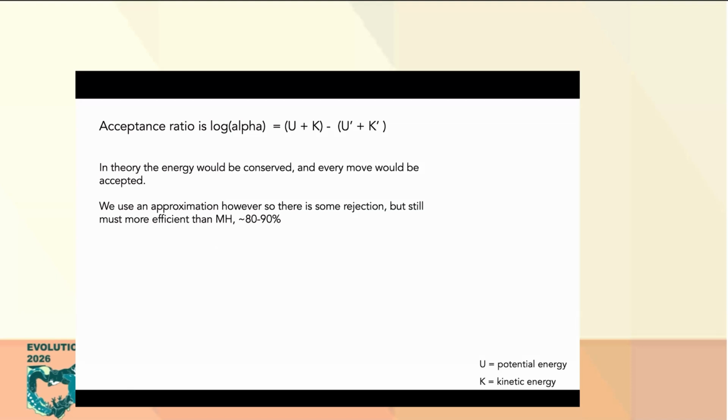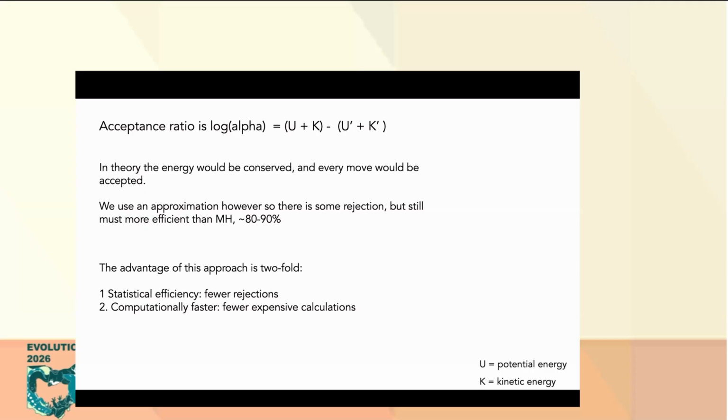You still see 80 to 90% of your steps being accepted. So the advantages become twofold: statistically, we have fewer rejections because we have these gradient-guided steps through the posterior, so we're often accepting our steps, and it's also computationally faster because we have so many fewer calculations.